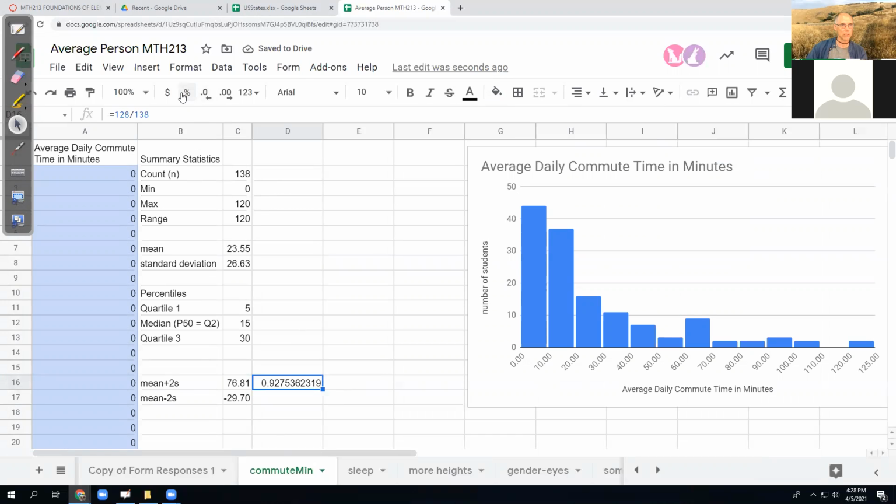So let's rewrite that as a percentage. So about 92.75% of students have commute times within 2 standard deviations of the mean.